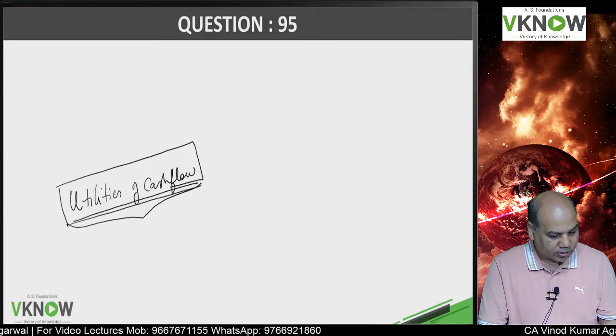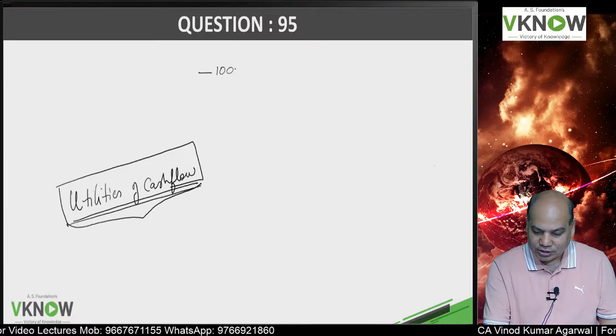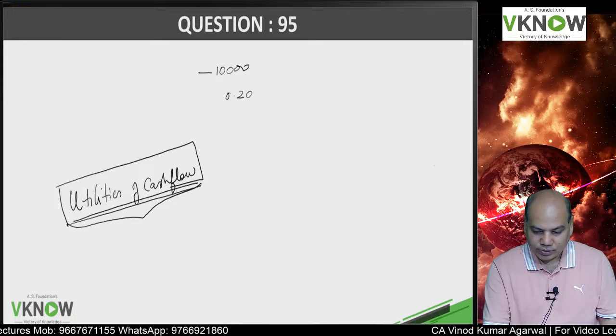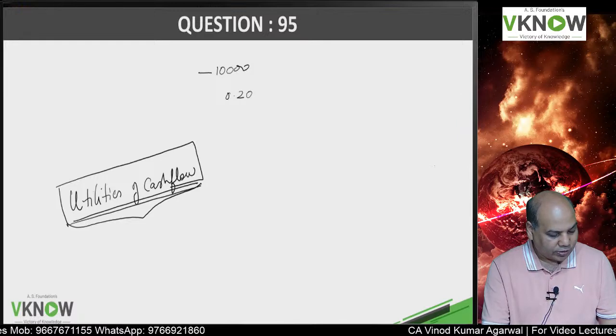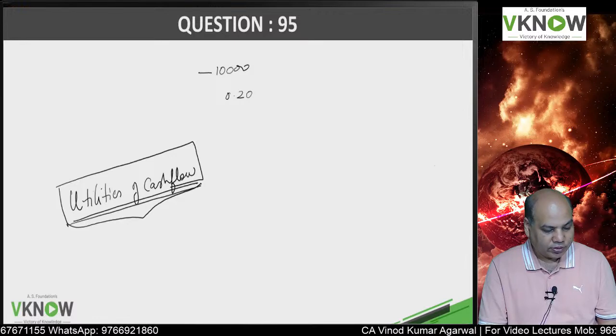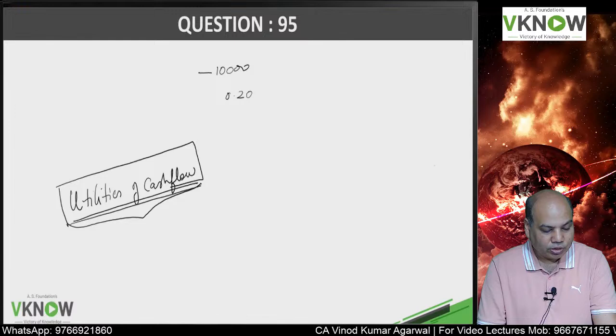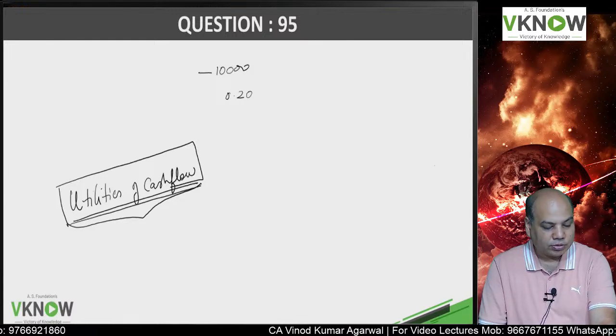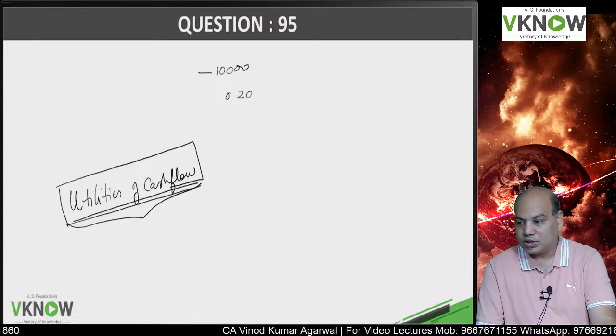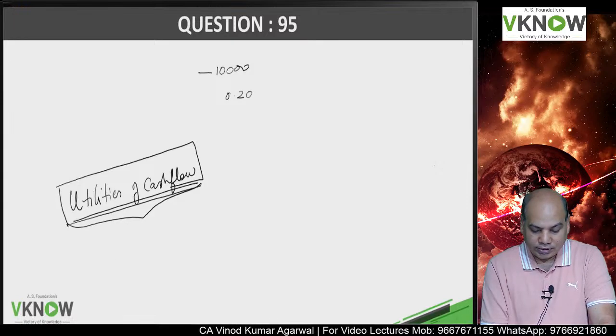There is some typing mistake. Second one is minus 10,000. Probability is 0.20. Third one is 15,000, probability 0.4. 10,000, 0.20, 5,000, 0.10. And in case of project B, they have given you cash flows in different possibilities and their probabilities. Which project would be selected and why?